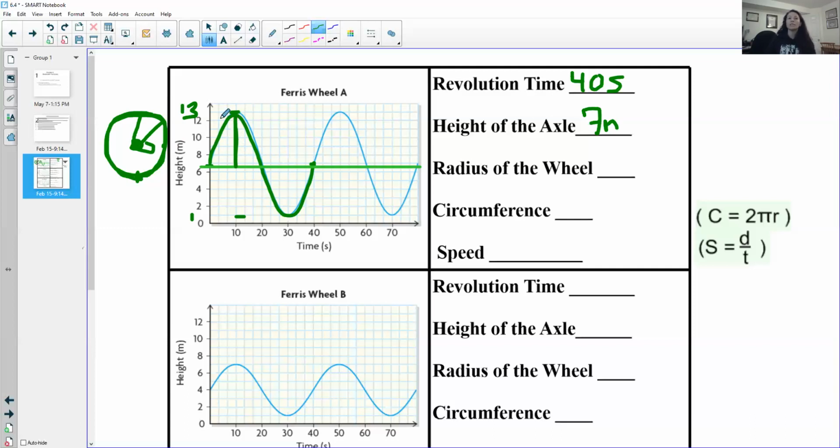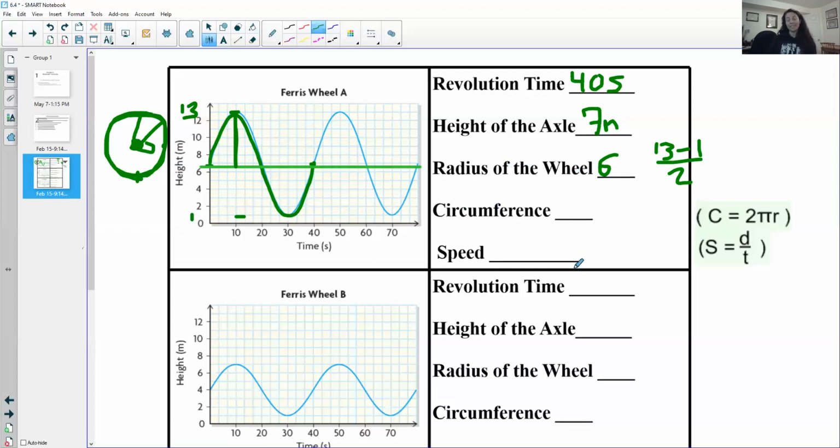If you're having a hard time, instead of adding 13 and 1 and taking the average, you can go maximum minus minimum divided by 2. 13 minus 1 is 12. 12 divided by 2 is 6. So the radius of this wheel is 6. And if you count up, these go up by ones: 1, 2, 3, 4, 5, 6. Yes, we have a radius of 6.